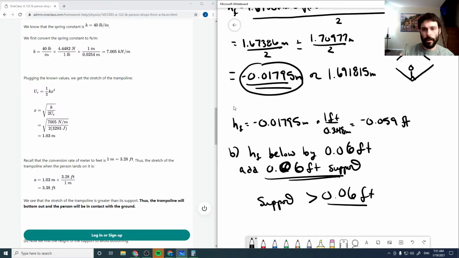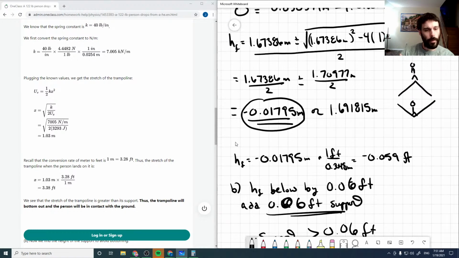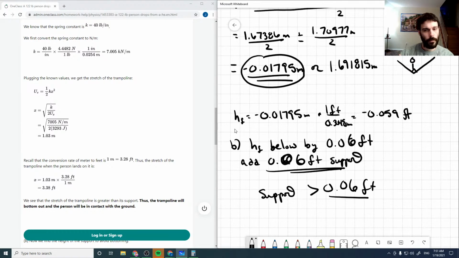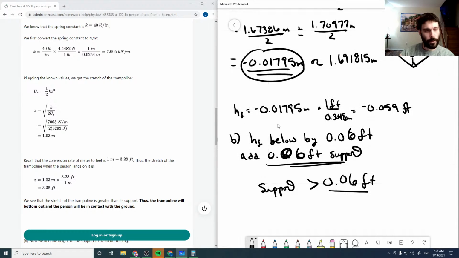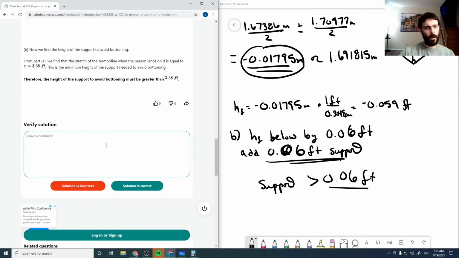So it's putting all the energy into the trampoline, but the person still has gravitational potential energy, and so that actually reduces the amount that it's bottoming out. So I'm going to say that the final potential energy is missing the gravitation, and I'm going to say that this is incorrect.